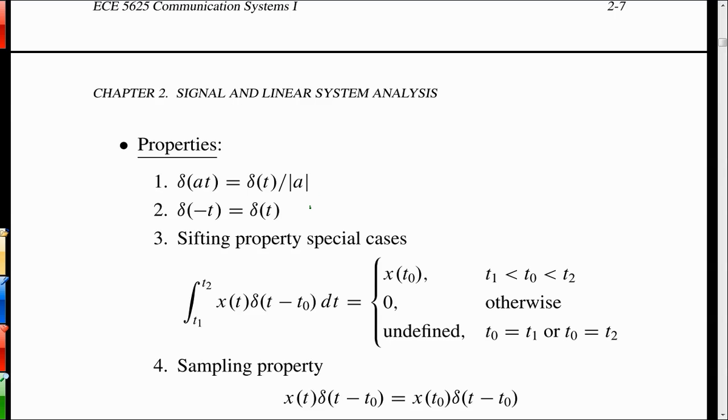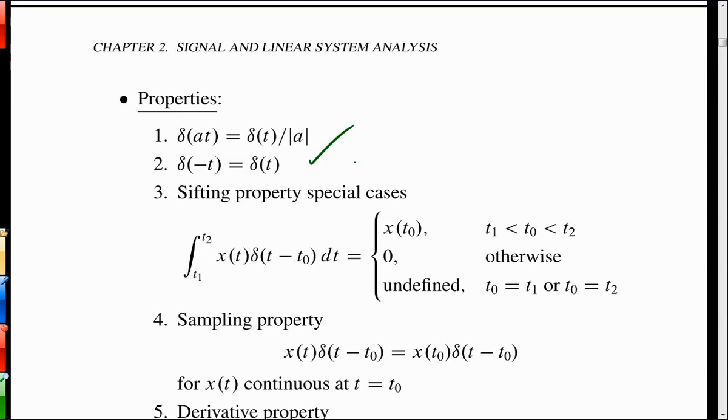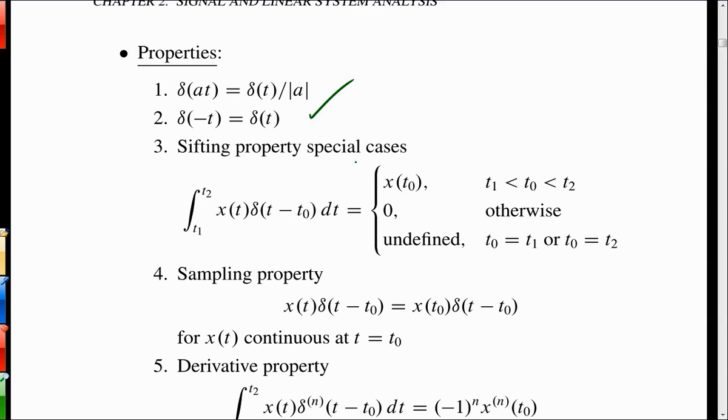But this one, all the models we use for a delta function are even. And the sifting property, like we already went through, is very handy.